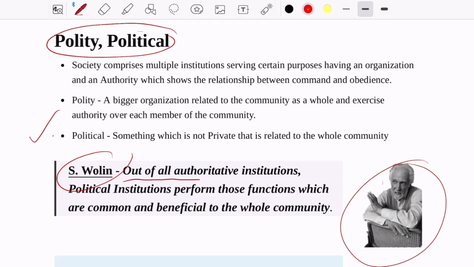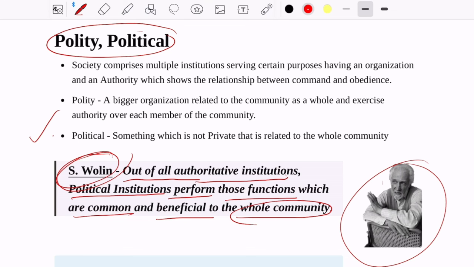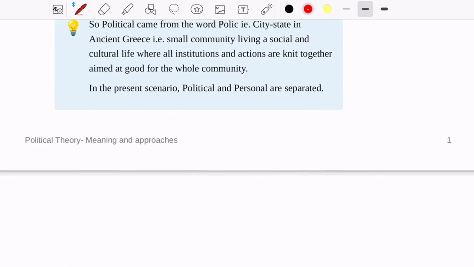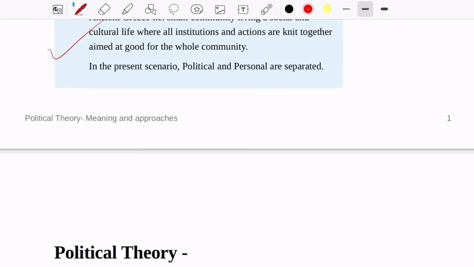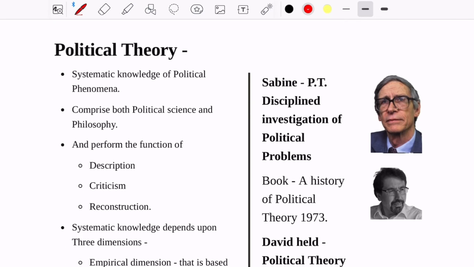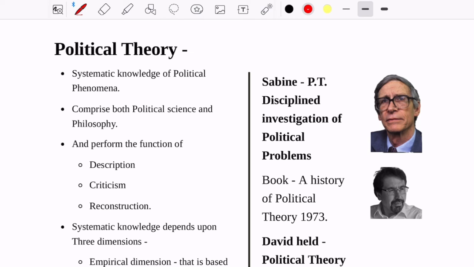He said that out of all authoritative institutions, political institutions perform those functions which are common and beneficial to the whole community. I told you the exact same thing which S. Woolen said. So political came from the word polis, city state. In the present scenario, political and personal are separated. You know that. Now, what is the meaning of political theory?